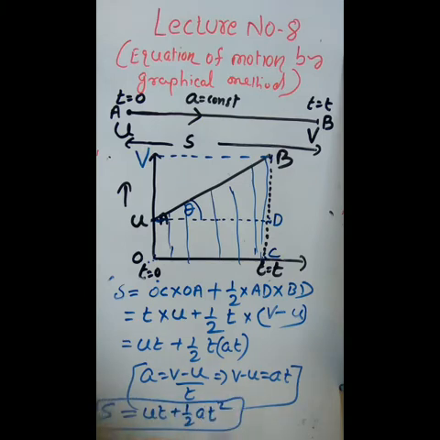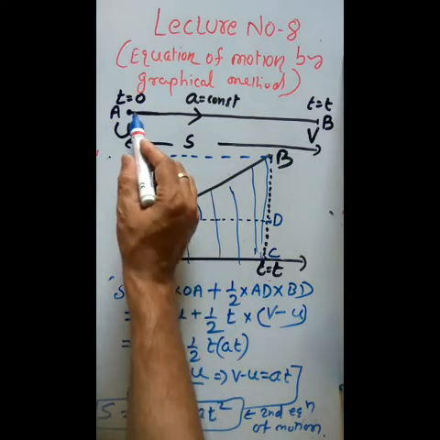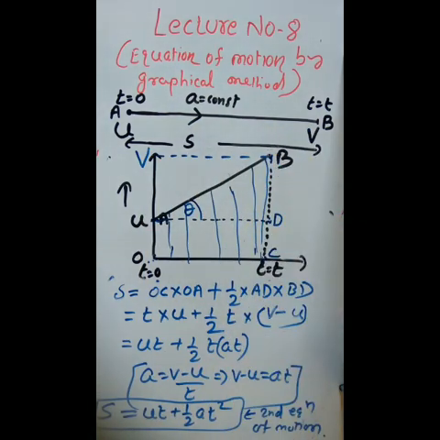Okay, so this is our second equation of motion. Always remember, whatever parameters are given in this equation are all vector quantities, not scalar quantities. Since it is moving on a straight line, the magnitude of velocity and speed are constant. That's why we are not writing the arrow mark, but actually we should write it.